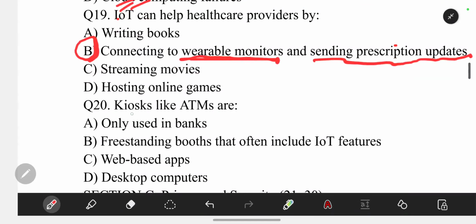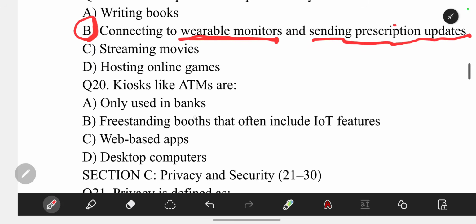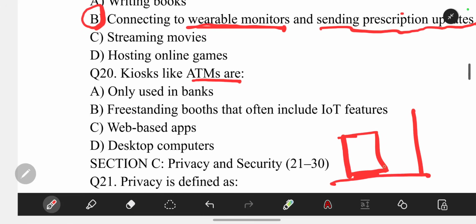Number 20, kiosks like ATMs are kiosks again. So ATMs, remember, most of them have IoT features, and they are also standalone. Let's say if this is a wall, sometimes they might just be standalone. They are not connected to the wall like that. So they are standalone booths that often include IoT.